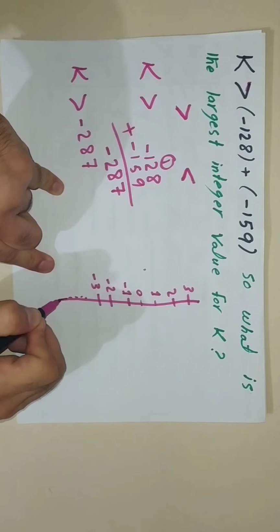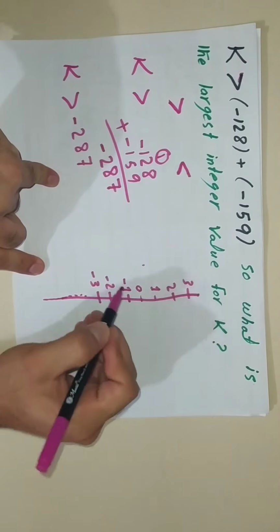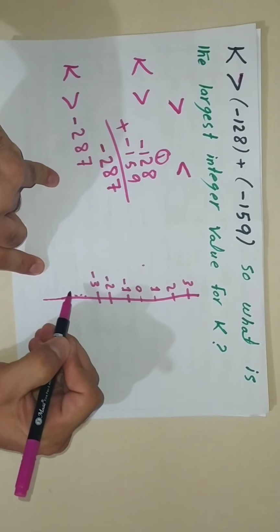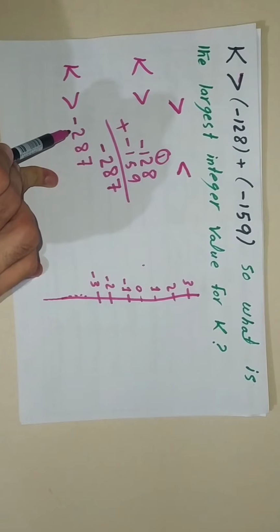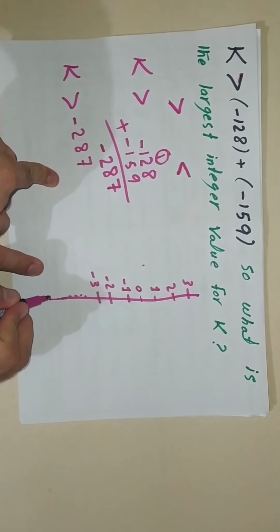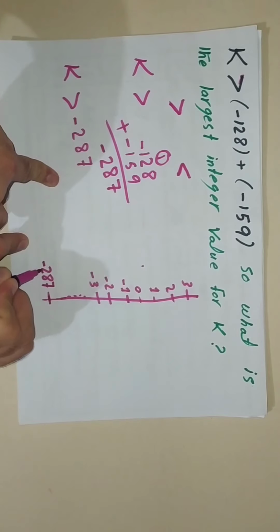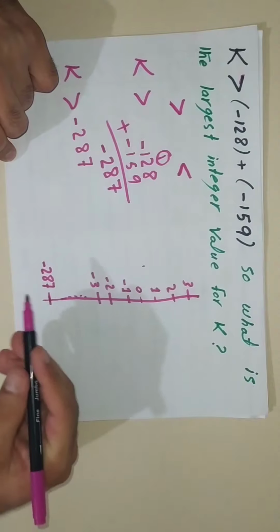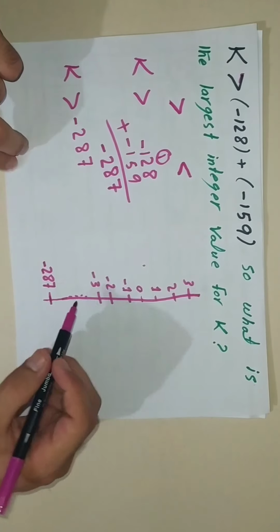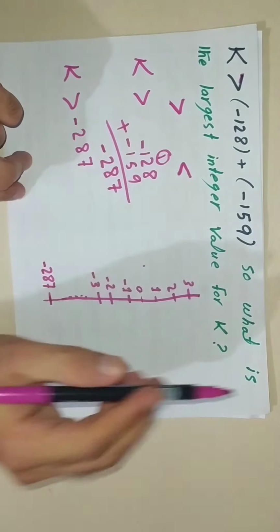So the numbers up here are bigger, and if you come down, they will be smaller. So the answer is K is greater than minus 287. Minus 287 is here, and if you come down like this, the numbers are smaller.